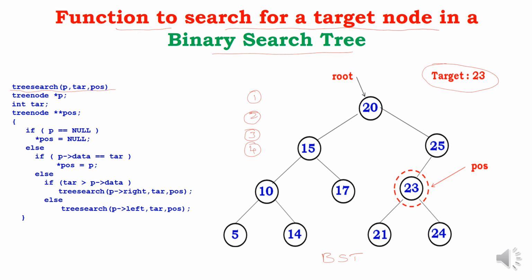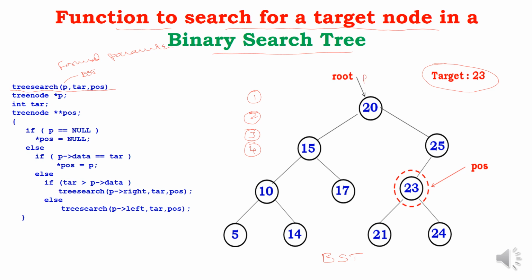Treesearch(P, target, position). We are passing three formal parameters. The first parameter is P, the binary search tree, represented here by the root.